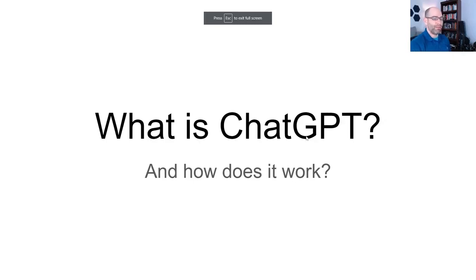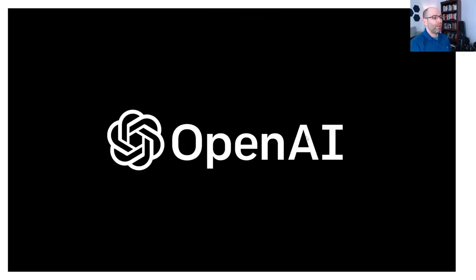What is ChatGPT and how does it work? ChatGPT was built by a company called OpenAI. OpenAI was established a few years back as an open source company with the goal of creating safe AGI. That is the primary original purpose of OpenAI.